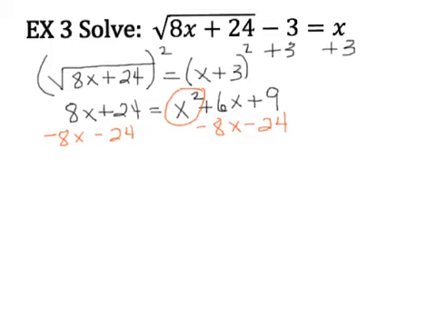And what this leaves us with is 0 is equal to x squared minus 2x minus 15.